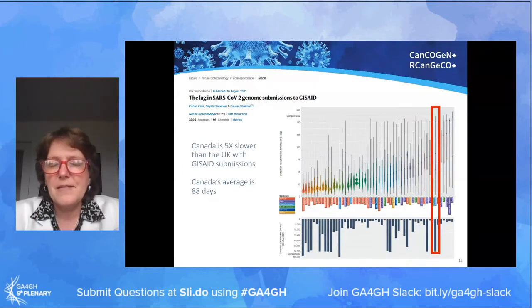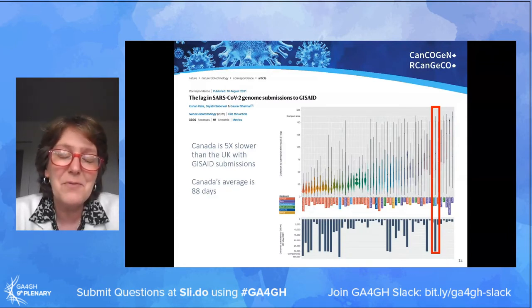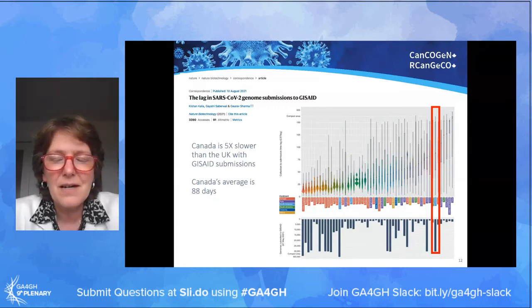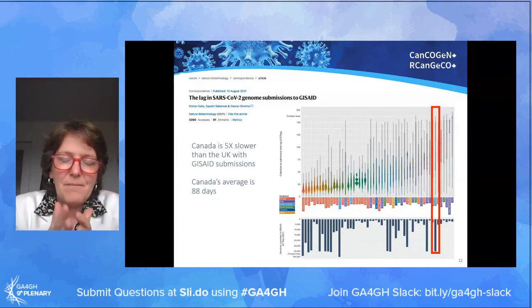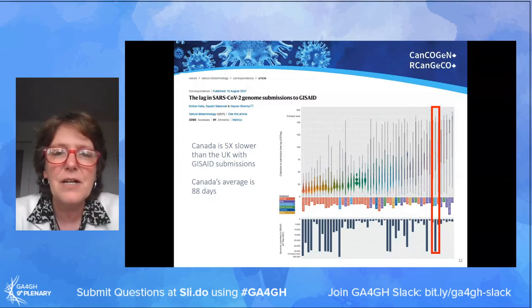Many of you maybe saw this paper that was published in Nature Biotechnology almost a month ago, where Canada was described as one of the outliers, because the cohort they used was from, I think, back in February or January this year.